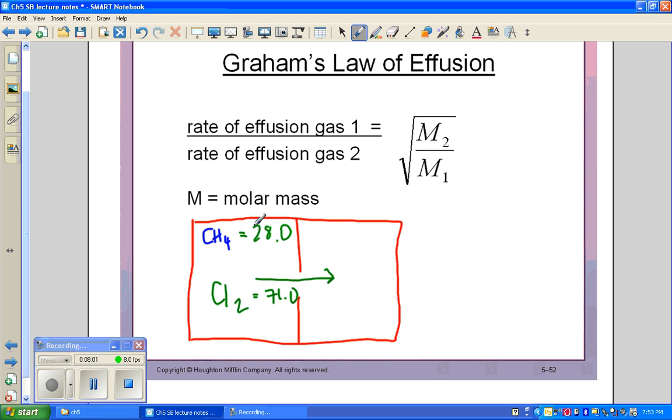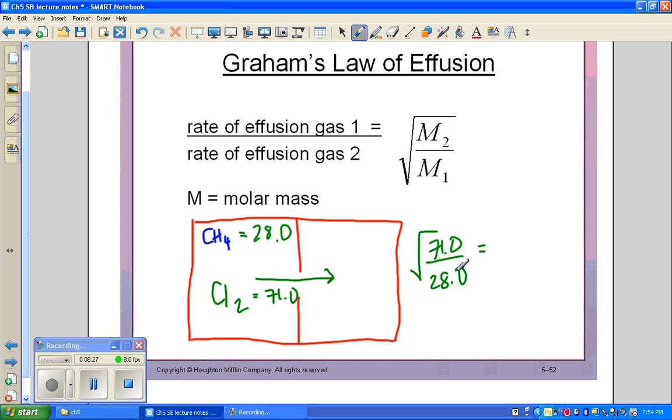Now again, I just took these right from the periodic chart. Technically you should have it in kilograms, but because they cancel out, I'm just going to use the values that we are comfortable with. So I am looking at the molar mass of the second one divided by the molar mass of the first one, and I'm going to take the square root of that. If I substitute that in, I would have 71.0 divided by 28.0.